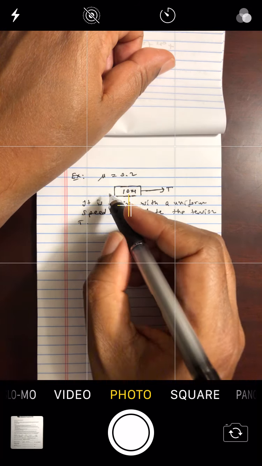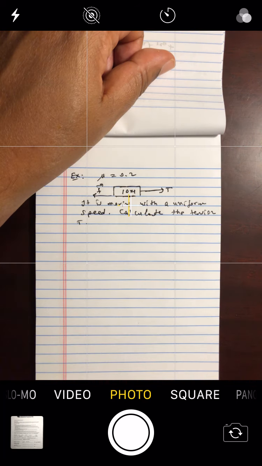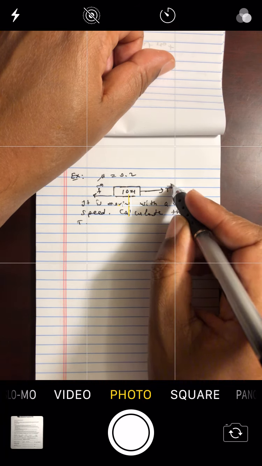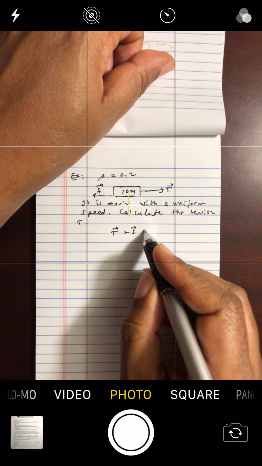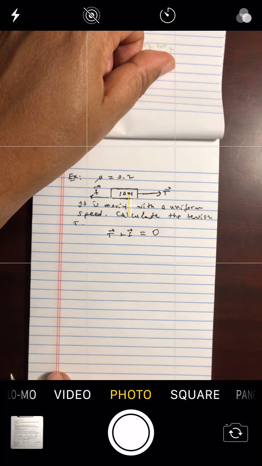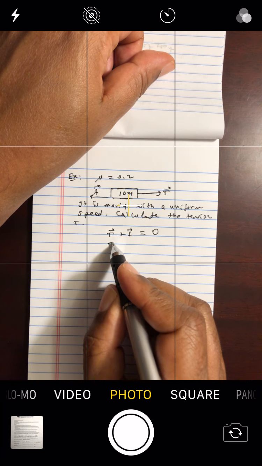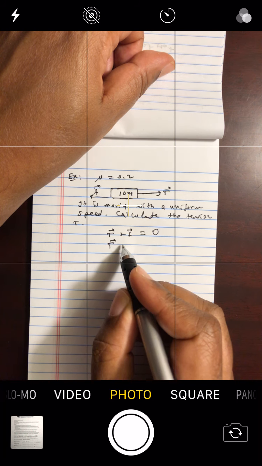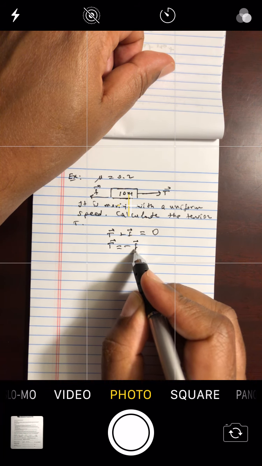It's not accelerating because it is balanced by another force, friction, over here. So the sum of these two forces, tension plus friction, equals 0. The tension is the negative of the force of friction.